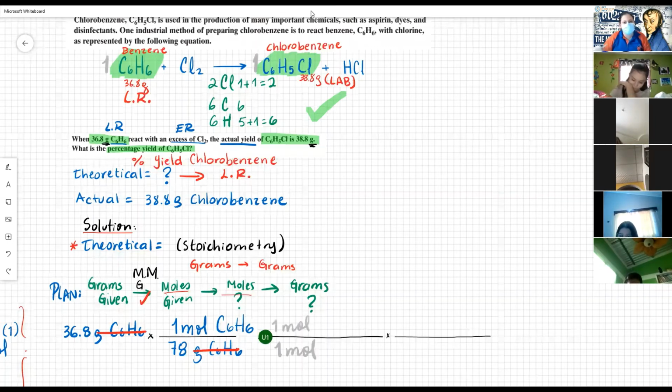And here you organize the data in a way that you can cancel the benzene. So benzene should be in the bottom, so you put 1 mole of benzene, and in the top you write 1 mole of chlorobenzene.